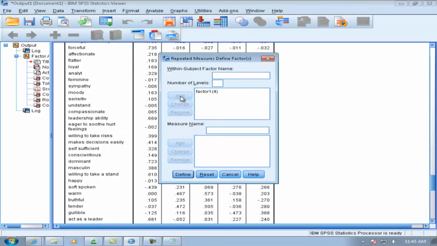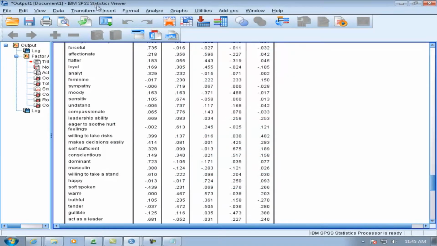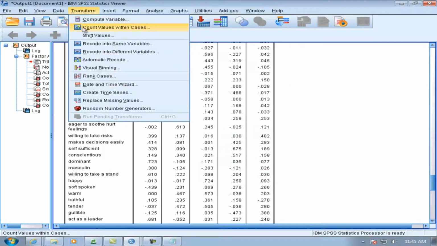Okay, now I'm ready to define. You know, I should have named that. I'm going to cancel. I want to go back and call it profile. I want to give it a name.